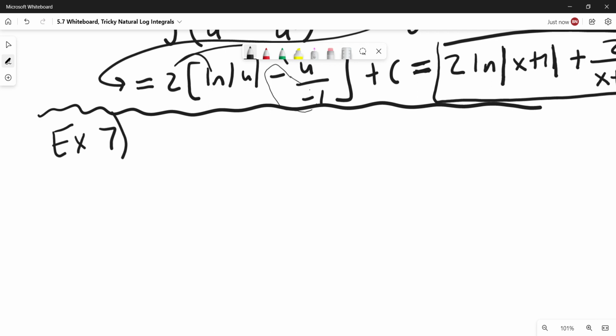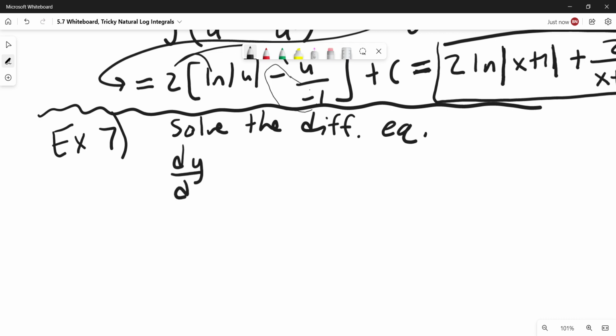Anyways, example 7. Okay, dy dx. So they're just saying solve the differential equation. I'm going to say diffeq like a cool person, differential equation. dy dx equals 1 over x times ln x.